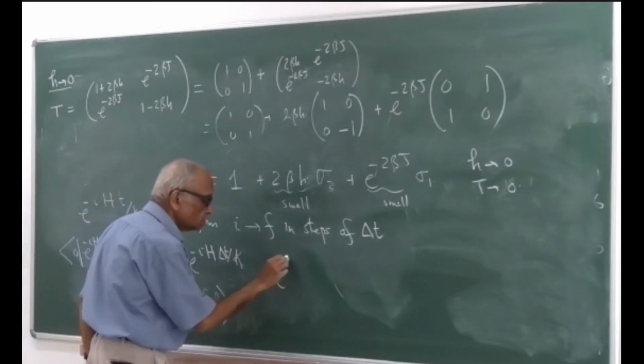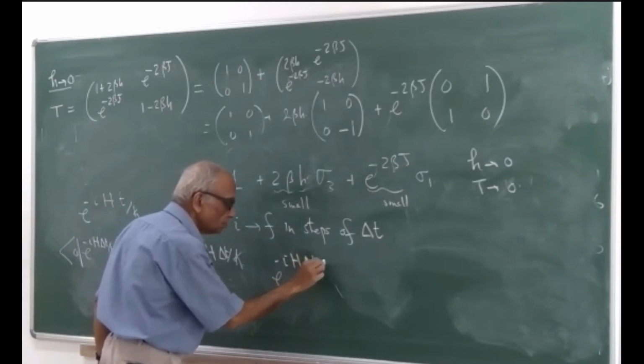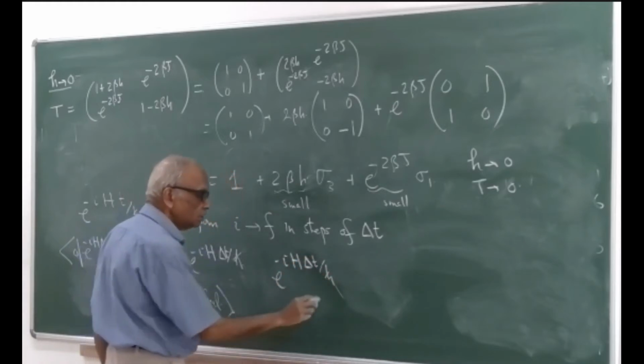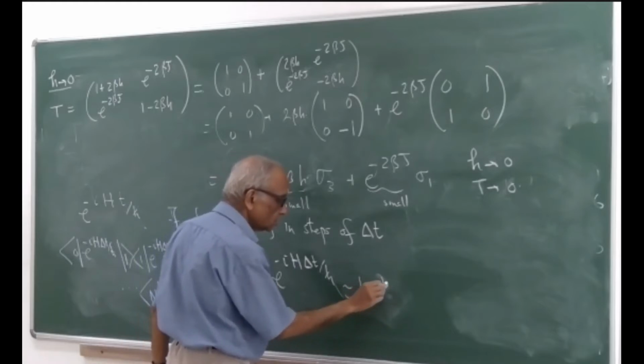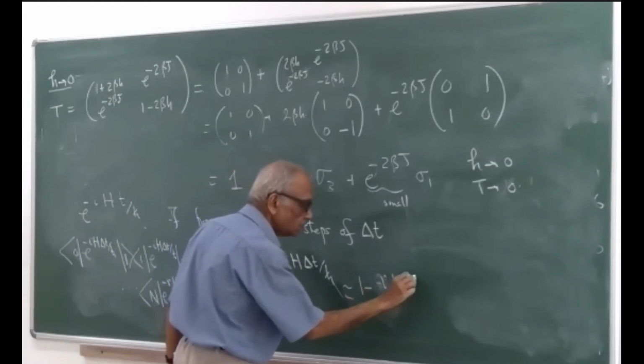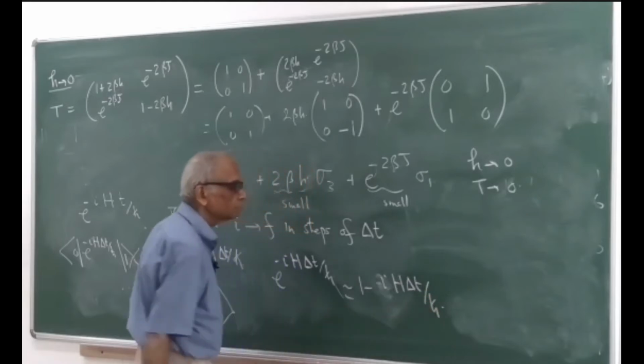So one step is e to the power minus iH delta t over h bar.